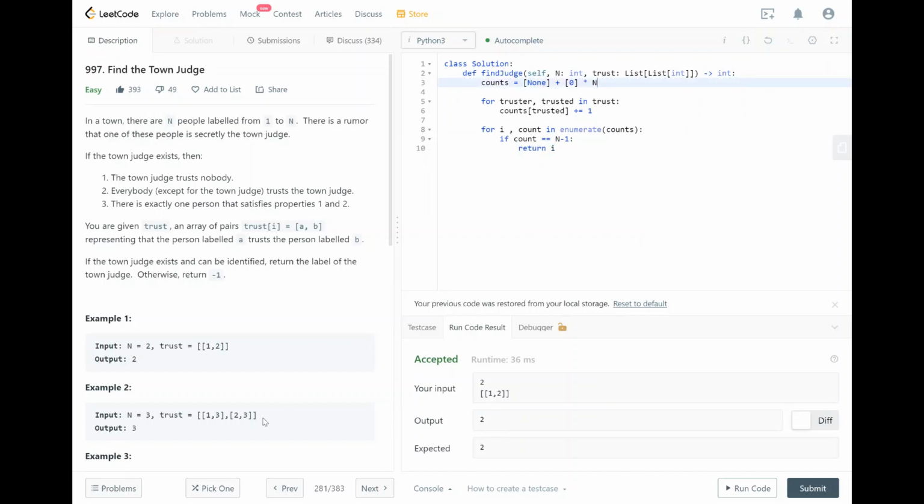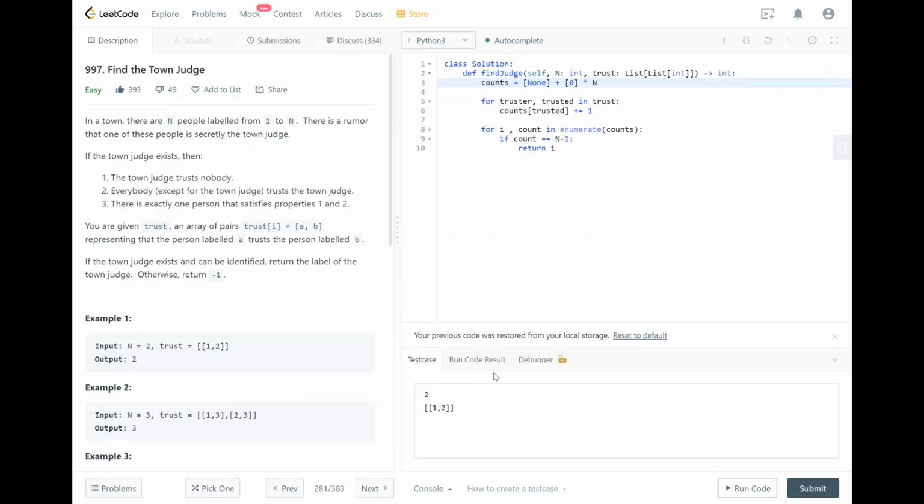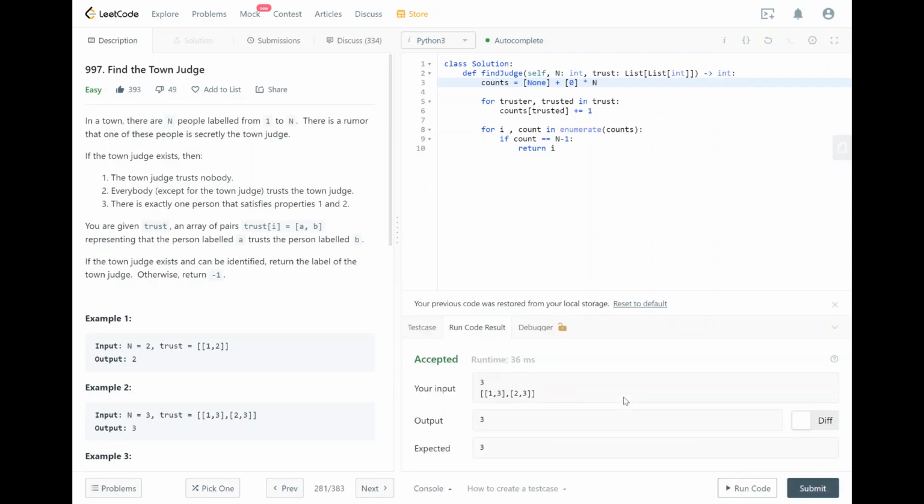Now let's go ahead and try another test case. Example 2. Let's run this code. We're still successful. Awesome. Example 2 works very similarly to example 1.